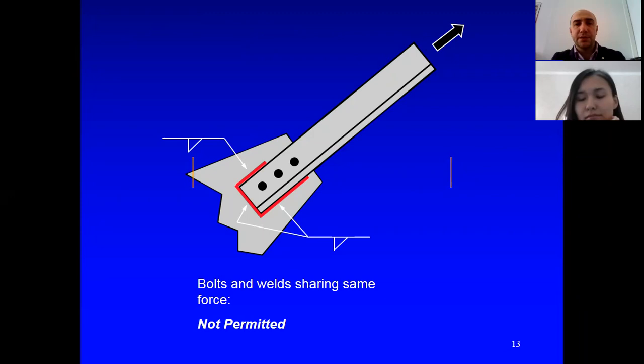So here is an example of a connection in which an attempt is made to use both bolts and welds to resist the same forces, like earthquakes, any lateral forces acting on the building, strong winds, and so on.